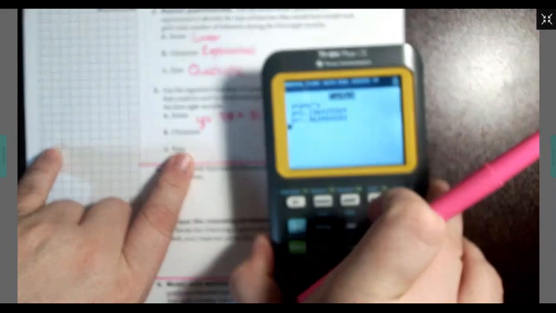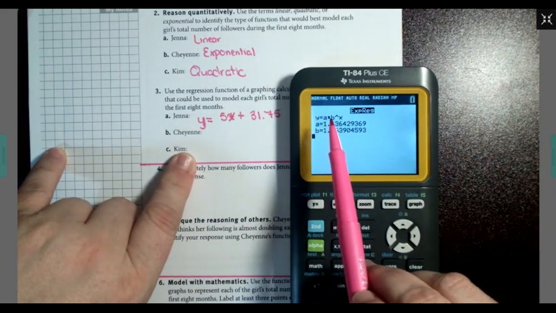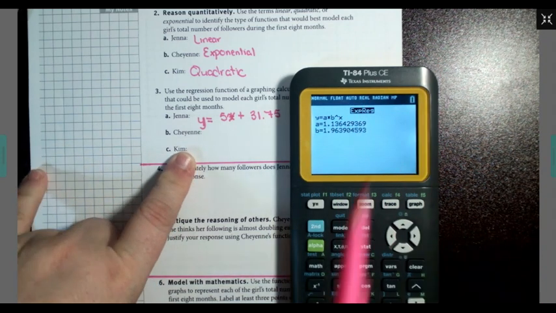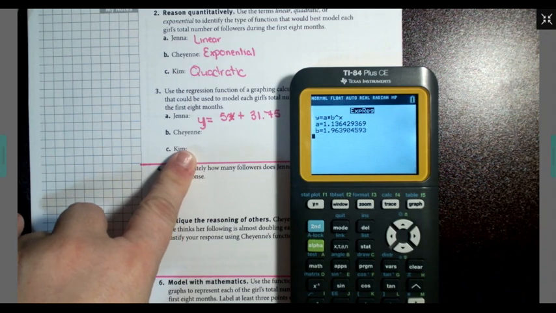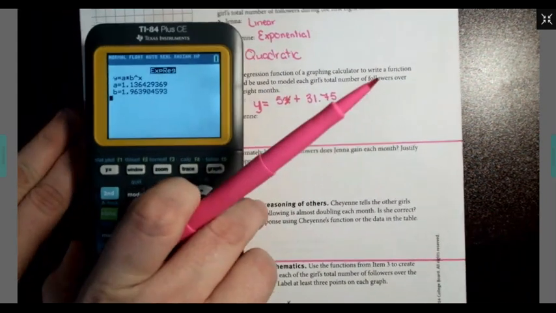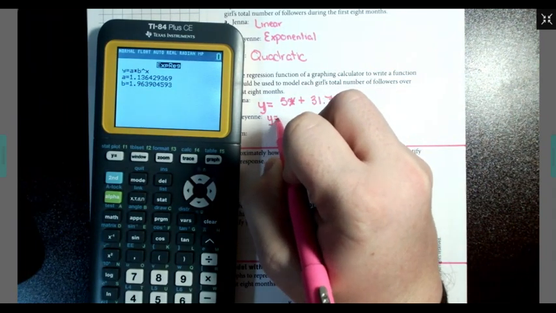Look at the way that this is set up. Y equals a times b to the x power. All right, so we're going to write that up. We're going to round these. We obviously don't want to write all of those numbers.